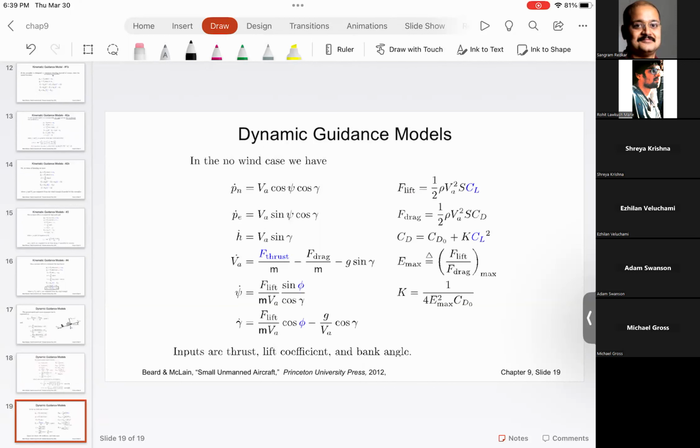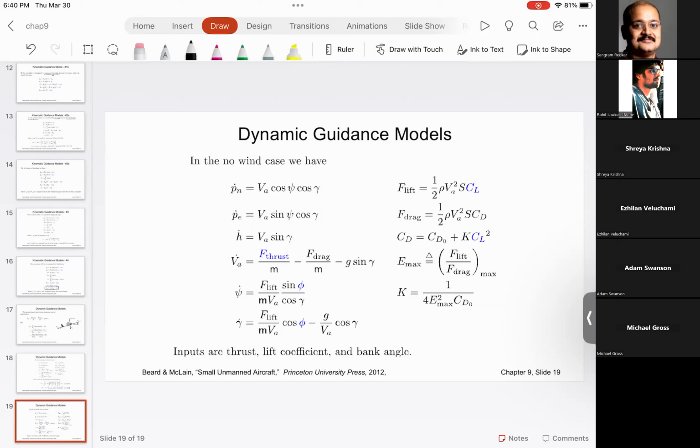Now, at the end, if you don't assume any wind, if the aircraft is flying in very low wind conditions, Wn, We, and Wd, the components of wind, can be ignored, and these equations assume a very simple form that can be used over here. For example, if you are trying to implement the equations for a parasail or a small aircraft, the airframe itself is so small that it cannot withstand wind.